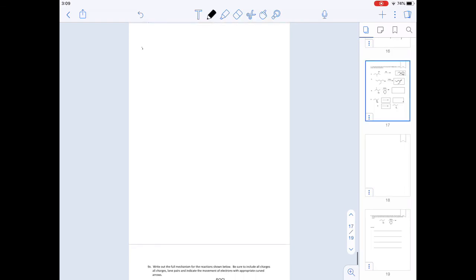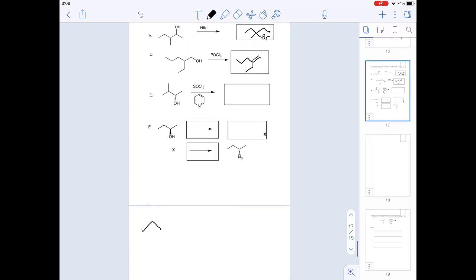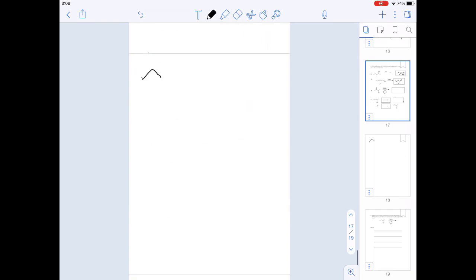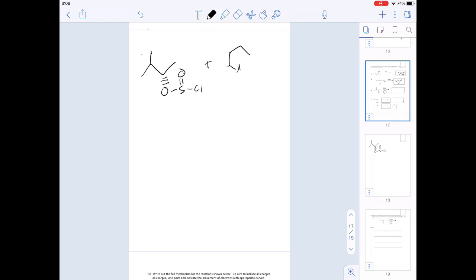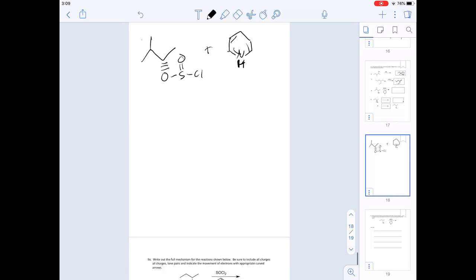Okay. And you also had the protonated pyridine as a counter ion from before.